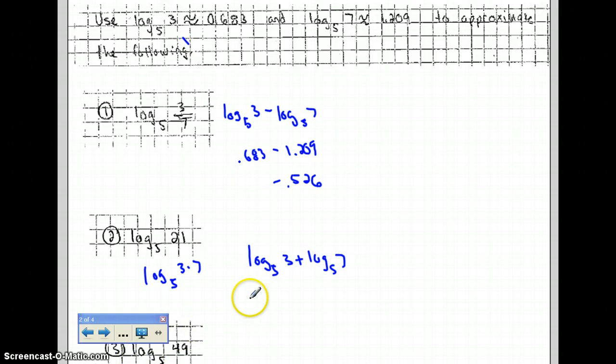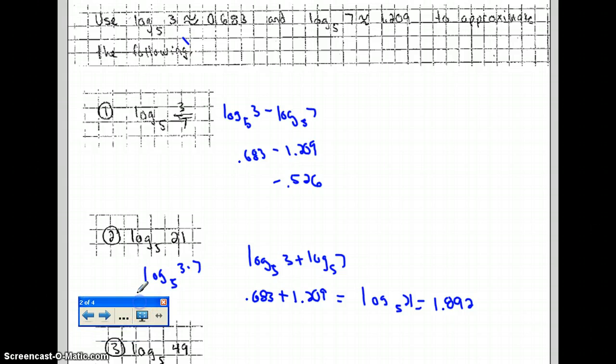So all I'm going to do is add 0.683 to 1.209. And that means that the log base 5 of 21 is the same thing as 1.892.